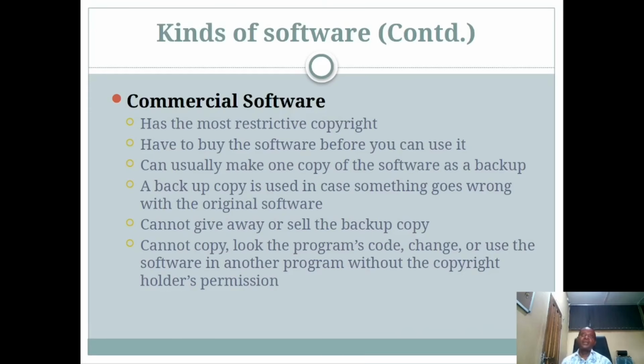Okay, and we went into software. We talked about different types of software. We talked about system software and application software. We gave types of system software, which included operating system, utility software, device drivers, and translators.